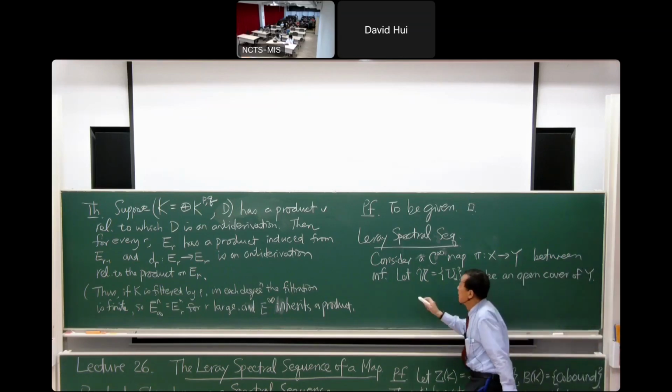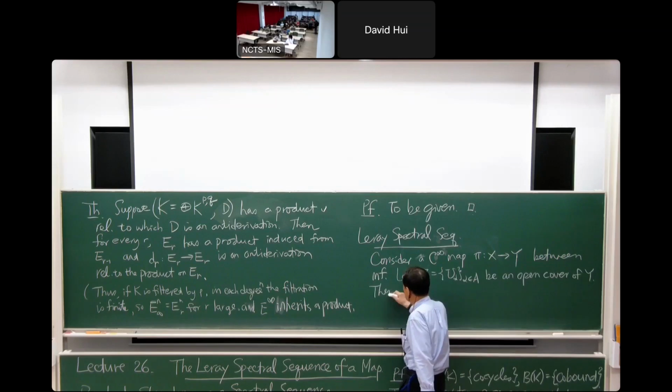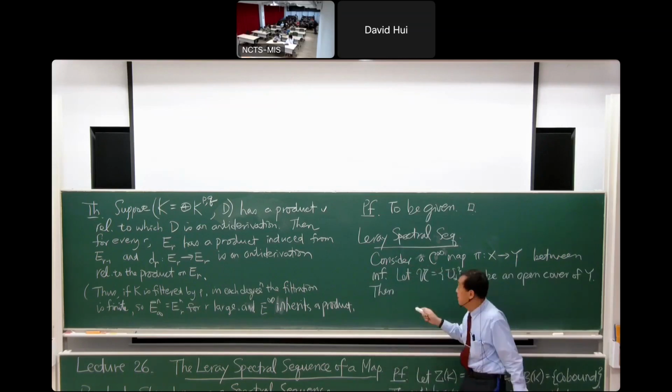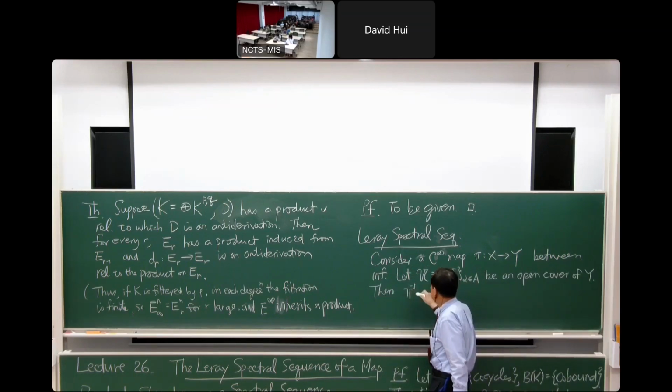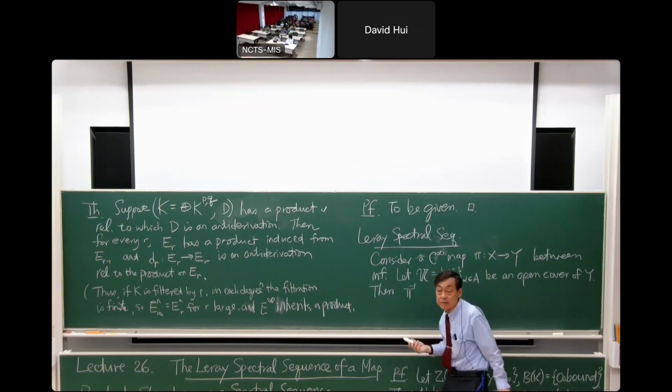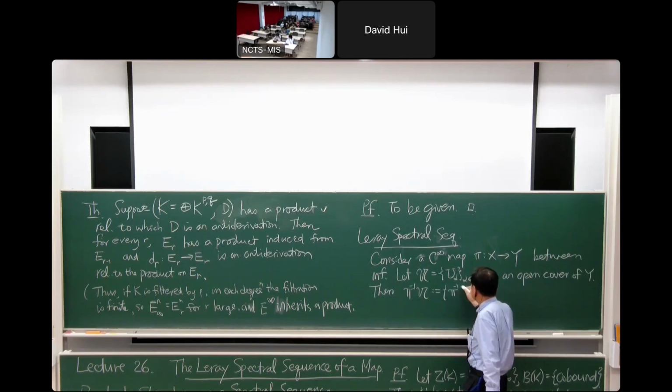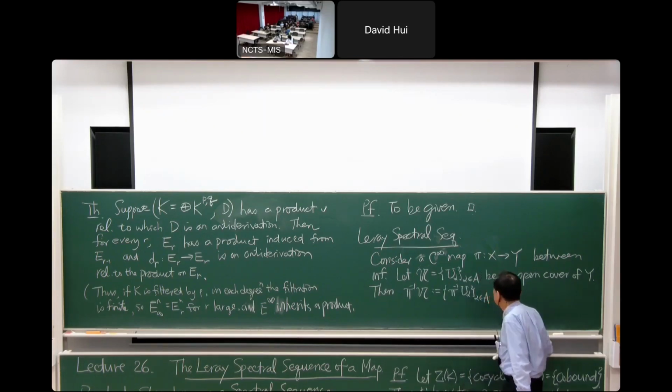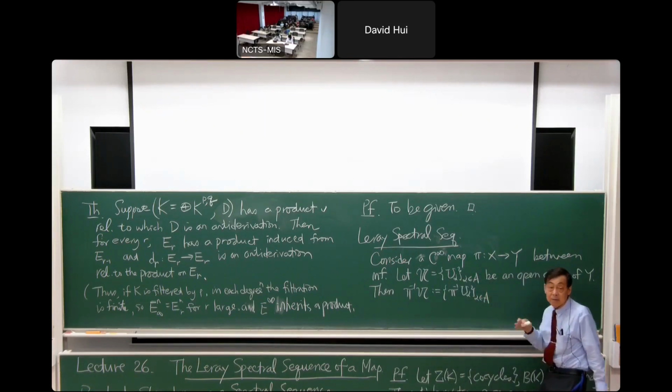Then if you take the inverse image of all the open sets, you'll get an open cover of X. So pi inverse U is defined to be pi inverse of all the open sets in the cover downstairs.